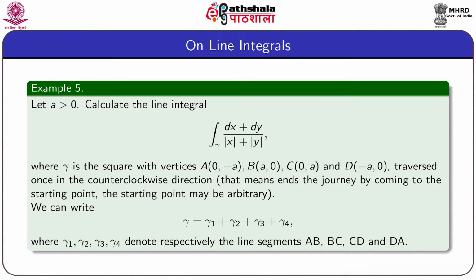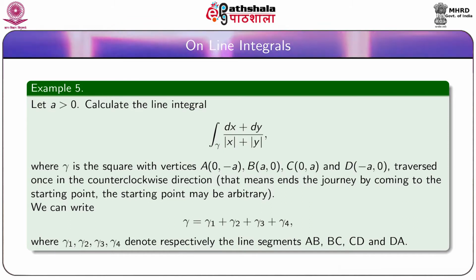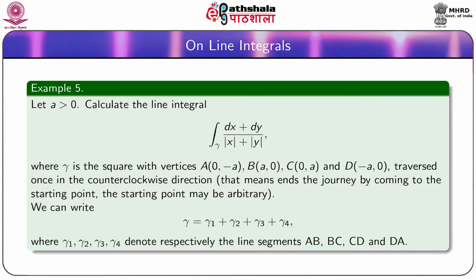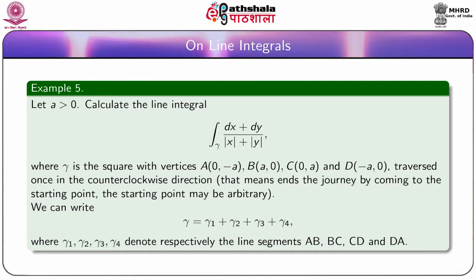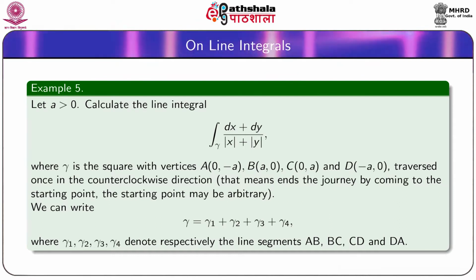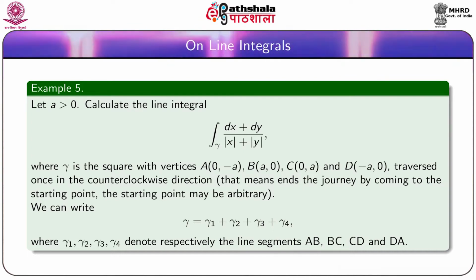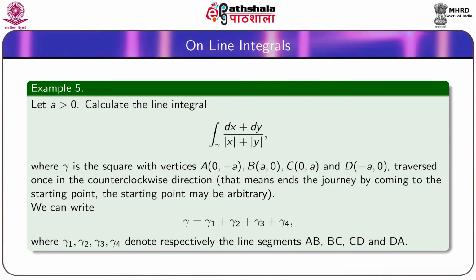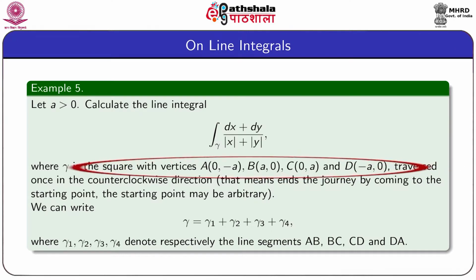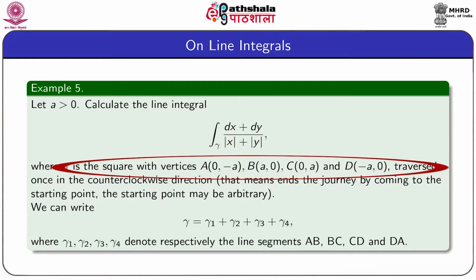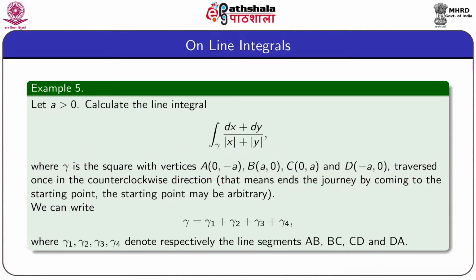Clearly, here the function 1 upon |x| + |y| is defined everywhere in R2 except at the points where both x and y are 0, that is except at the origin. And gamma is the square with vertices A(a, 0), B(0, a), C(-a, 0) and D(0, -a) traversed once in the counterclockwise direction.